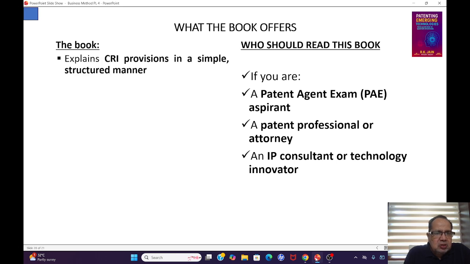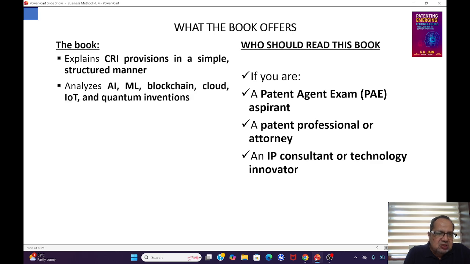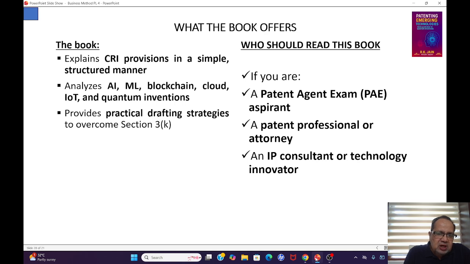So, this book firstly explains CRI provisions in a simple structured manner. It analyzes a lot of new emerging technology inventions. It provides drafting strategies to overcome section 3K.